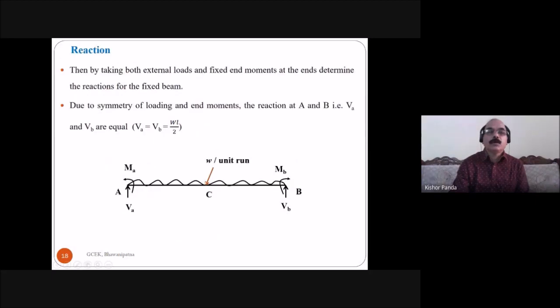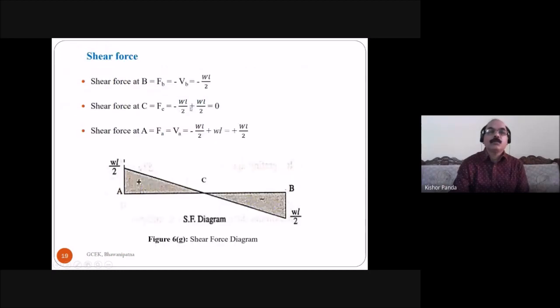Then the shear force at midpoint C: this is the upward force minus WL by 2, and the UDL is W into the distance L by 2, which is downward, so plus WL by 2. So minus WL by 2 plus WL by 2 is equal to 0. This is the shear force at C.